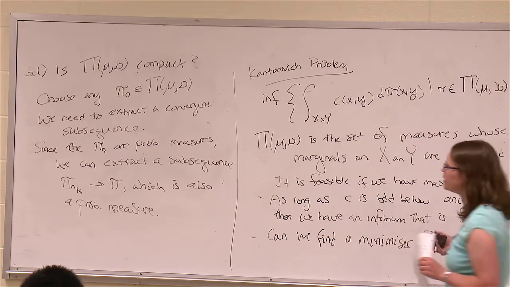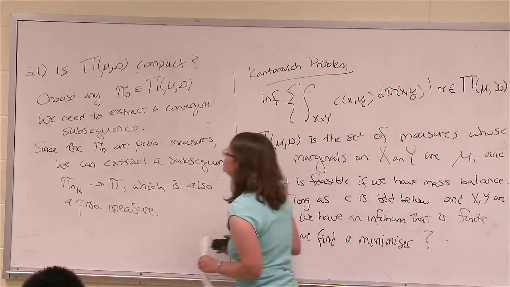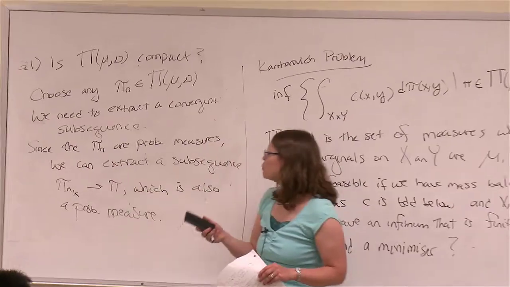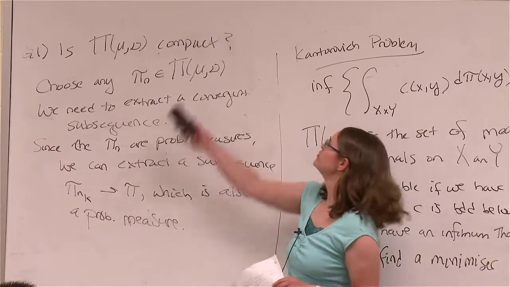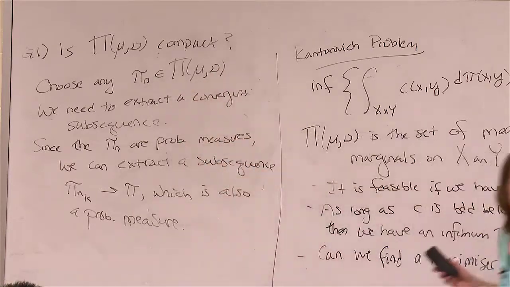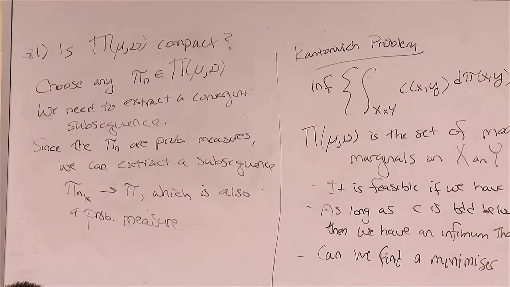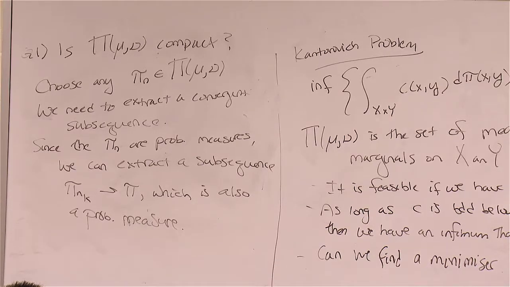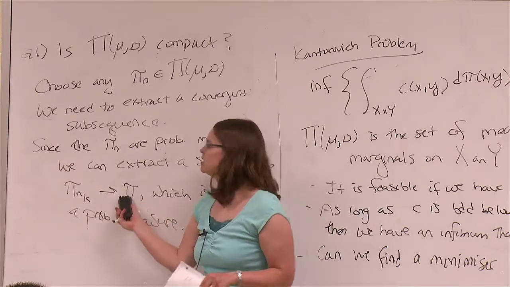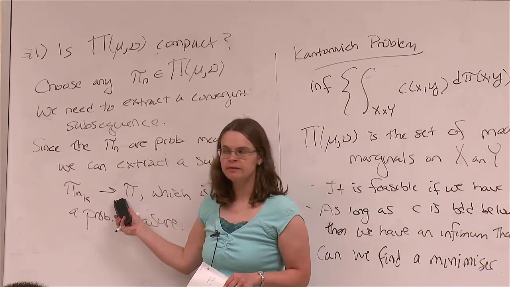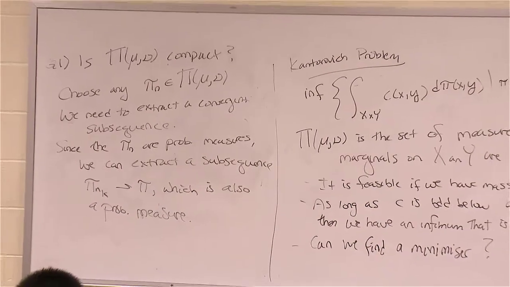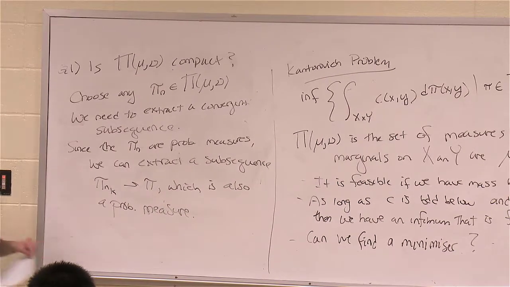Okay, so we're trying to write down the definition of compactness. So that said, we start with a sequence. We need to extract a subsequence that converges to a limit that also lives in the same set that we started in. That's what compactness means. Okay, so what do I need to check? The marginals, right. So I've already found a nice candidate for my limit, which is a probability measure. We just don't know if it has the right marginals, so we need to check that.